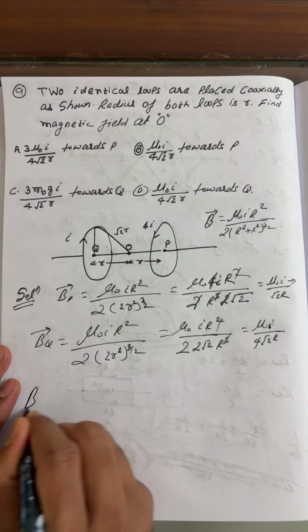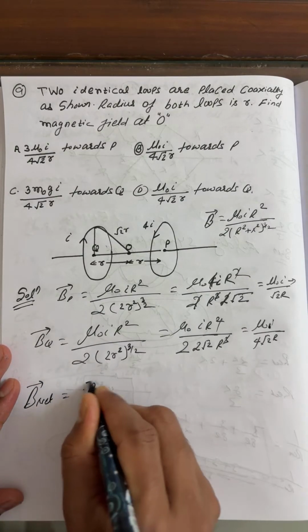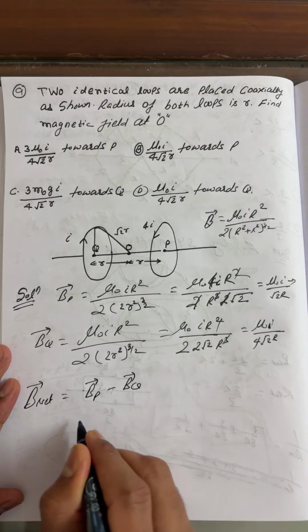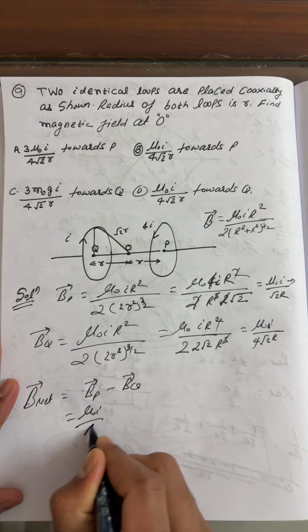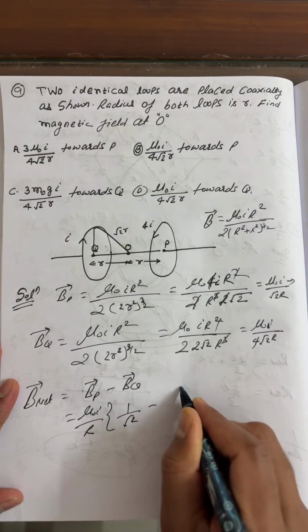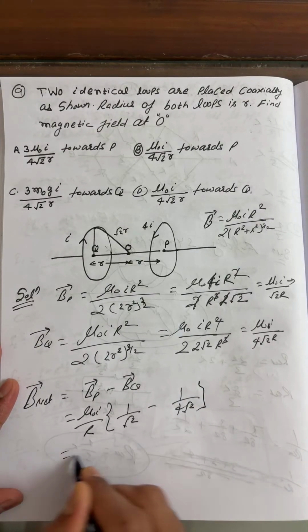So the net magnetic field at point O is BP minus BQ. You can take mu naught into I by R common: 1 by root 2 minus 1 by 4 root 2. Take the LCM, which is 4 root 2.